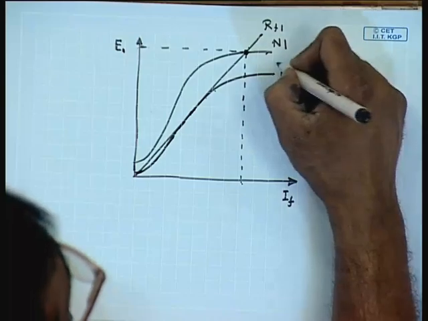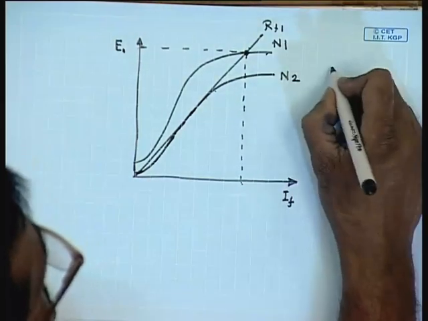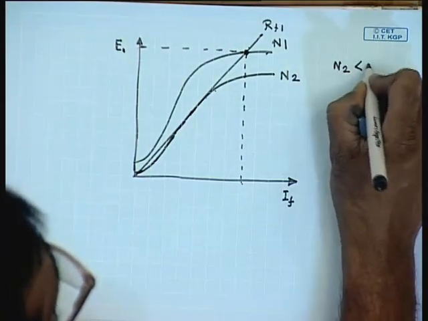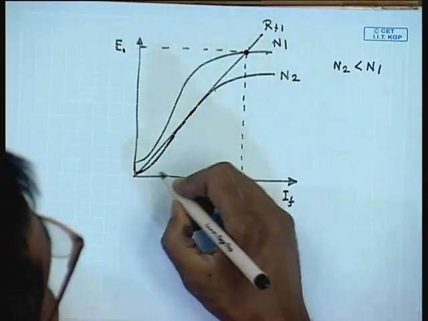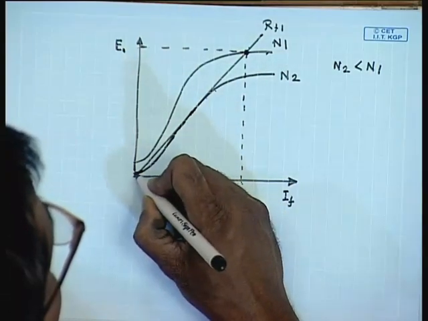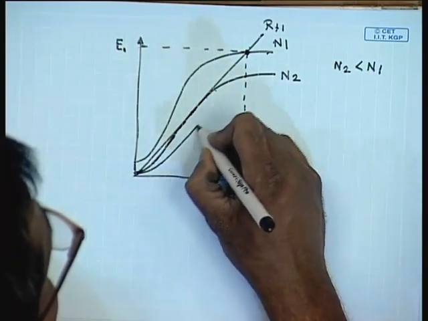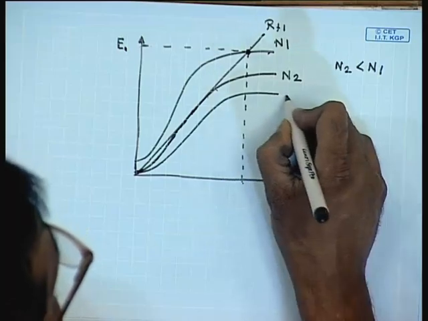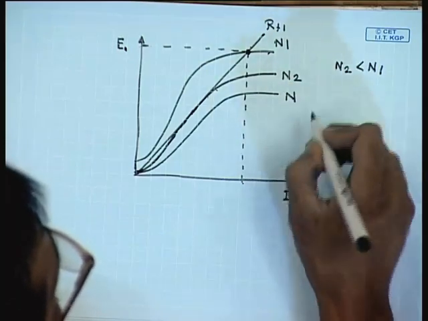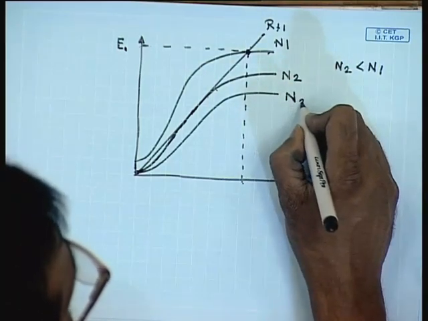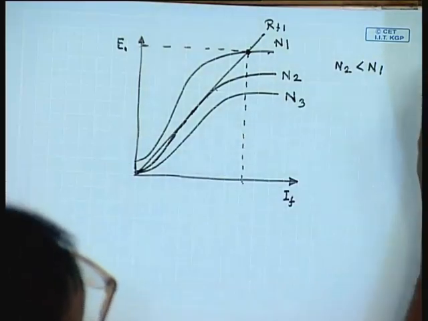Evidently, if the speed of the machine is further reduced, then with the same field resistance RF1, the machine will fail to excite.